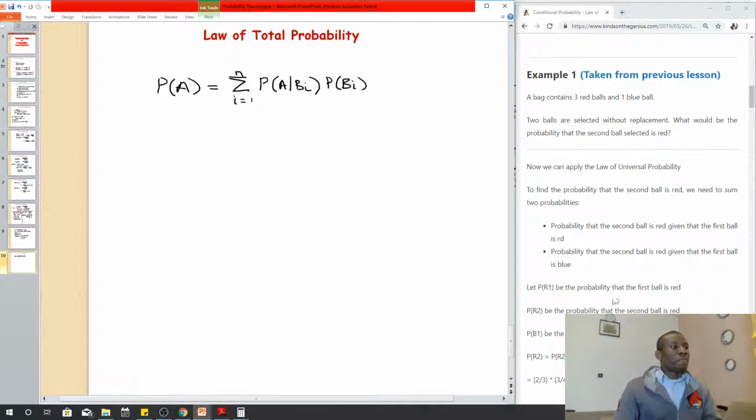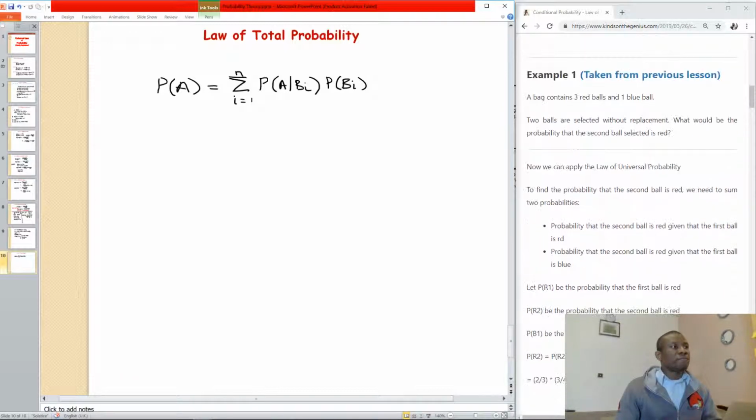Alright, so now we can apply this law in the case of the bag containing red balls and blue balls. To find the probability that the second ball is red, we need to sum 2 probabilities: the probability that the second ball is red given that the first ball is red, and the probability that the second ball is red given that the first ball is blue.